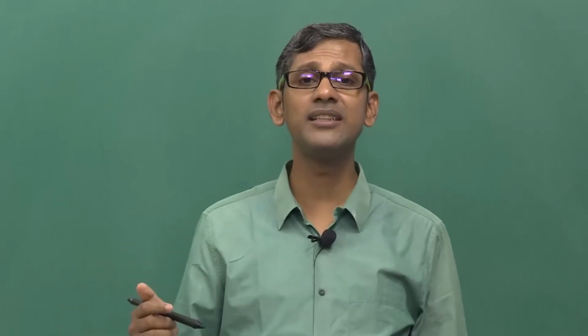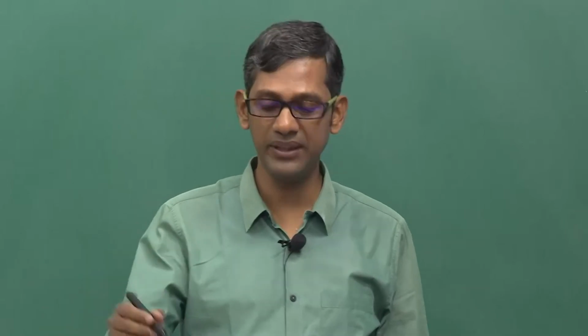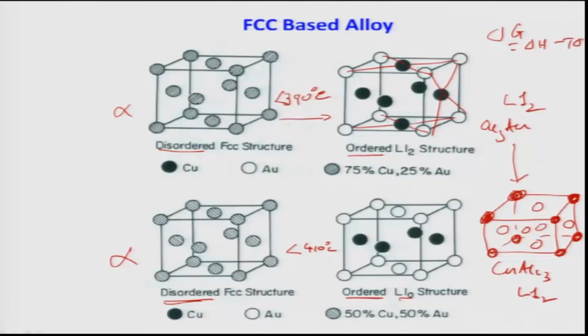So therefore, in the free energy equation, delta G equals delta H minus T delta S, the delta H becomes highly negative and delta S is basically always positive. So that means this term predominates in the free energy expression. Remember, as the atoms go to specific positions, the entropy of mixing decreases.